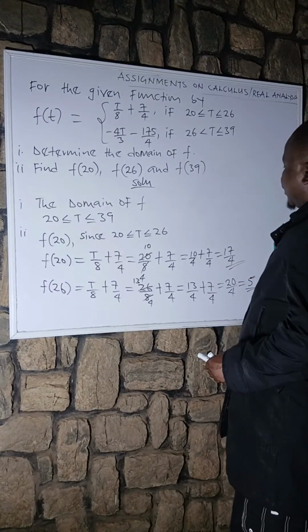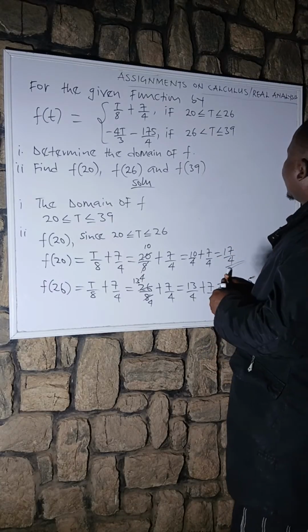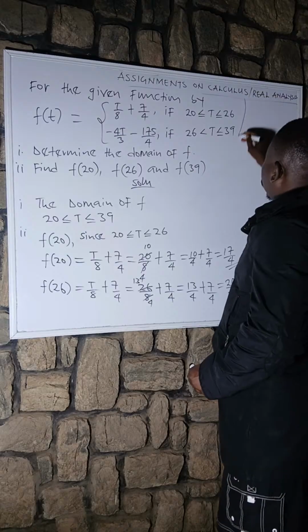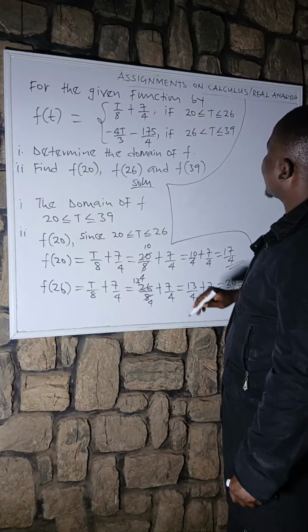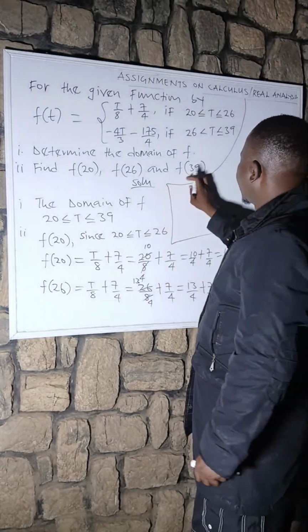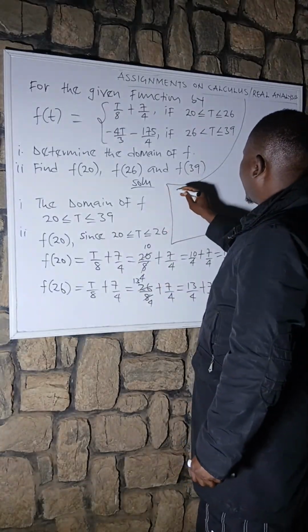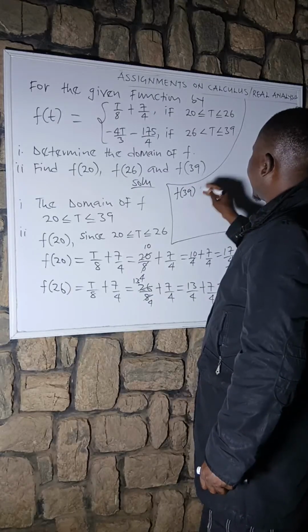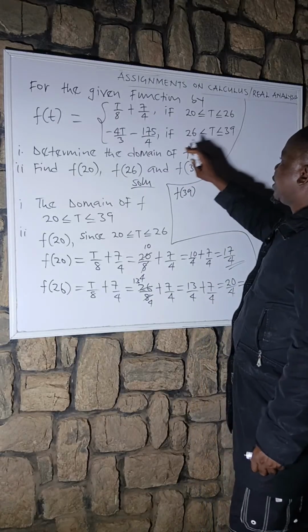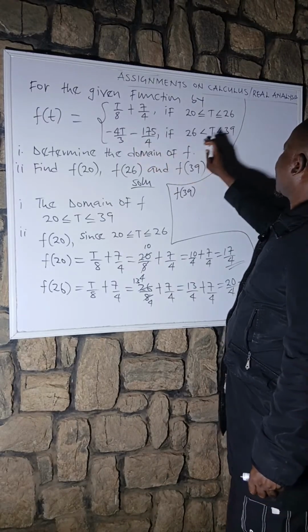So that is that. So now let us consider this f of 39. f of 39 lies where? This function, true or false?